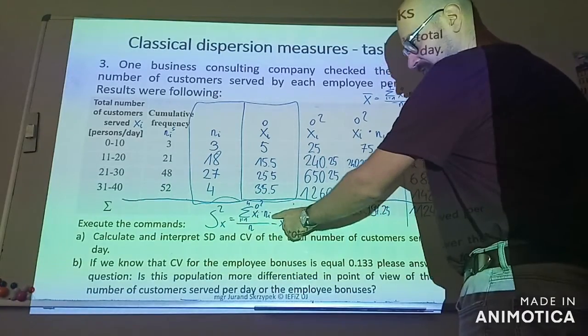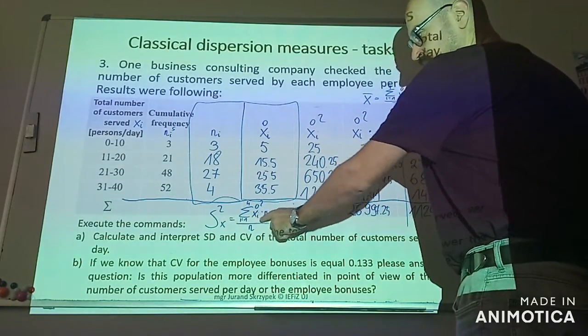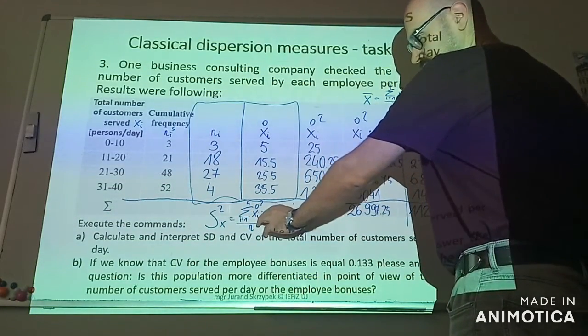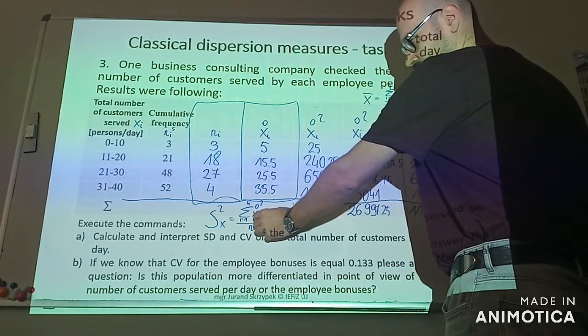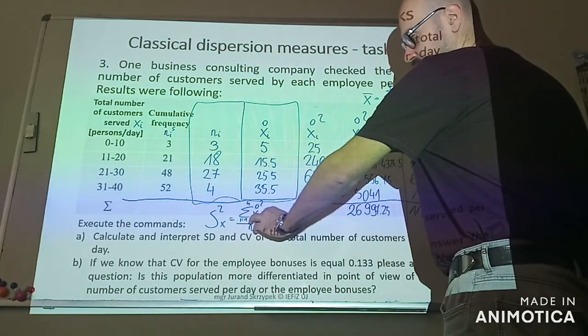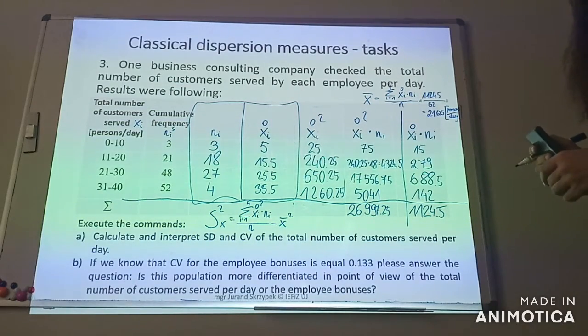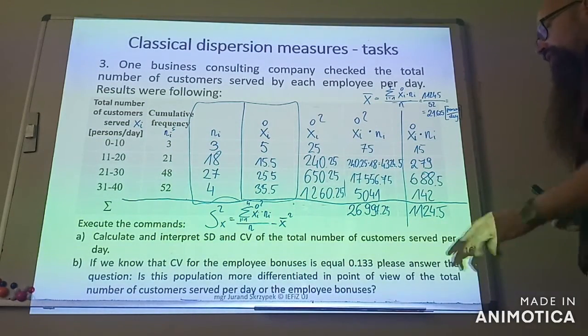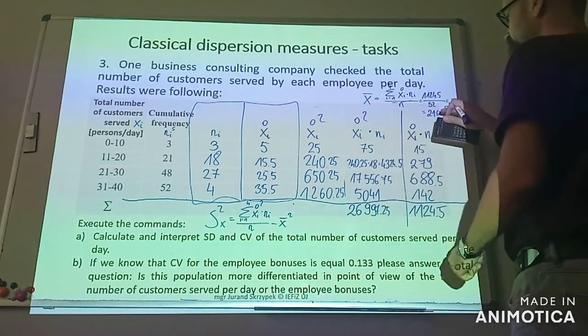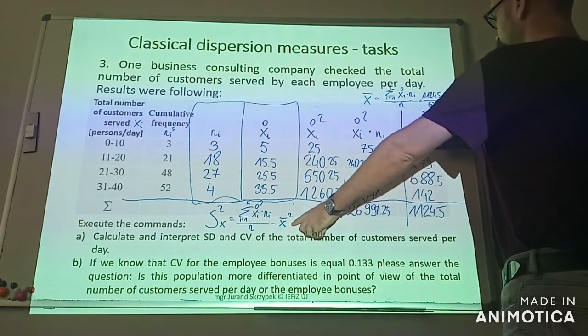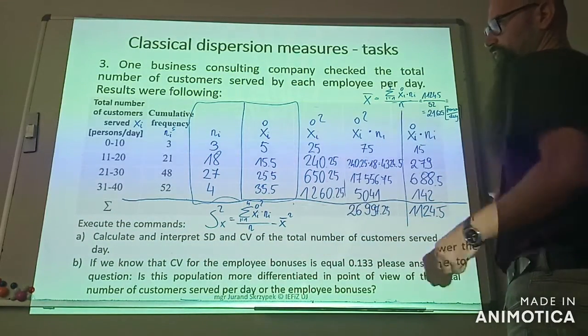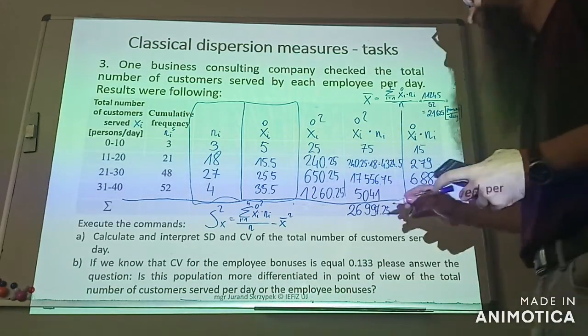Yeah, I have the sum of the products of squared middle of the classes and the frequencies, and I have computed here the mean value of total number of customers served.